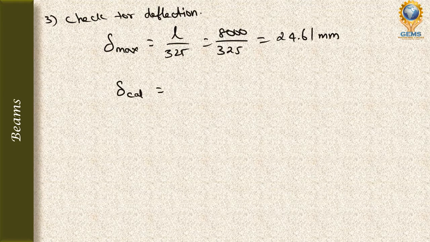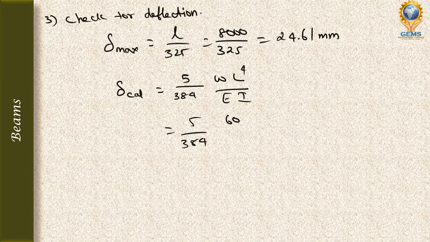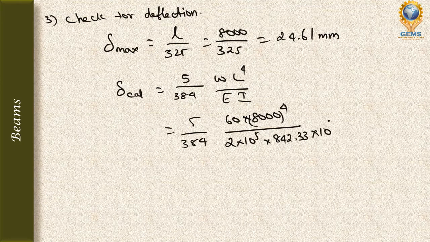So the calculated deflection is 5 by 384 WL power 4 by EI. So 5 by 384 into 60 into 8000 power 4 divided by 2 into 10 to the power 5 into I, the gross moment of inertia, 842.33 into 10 to the power 3.